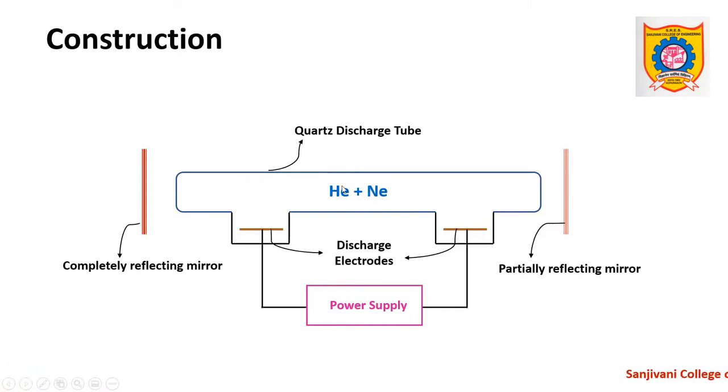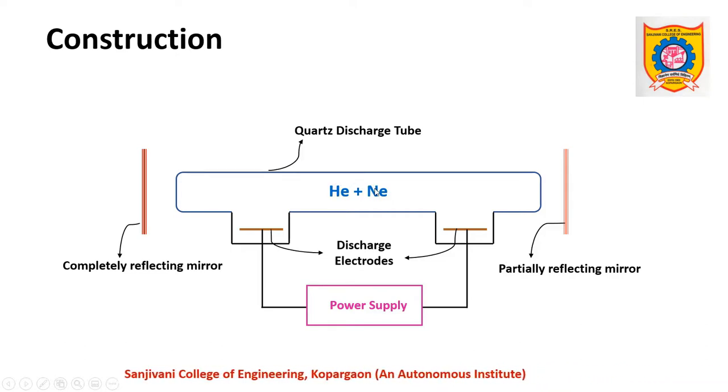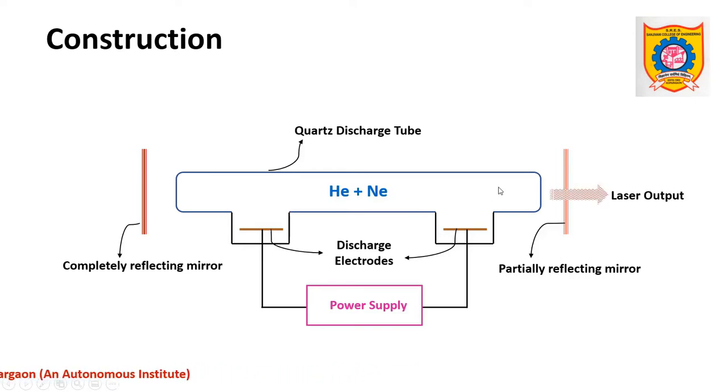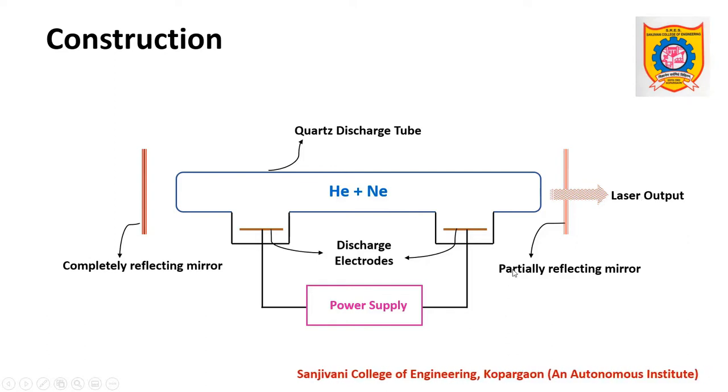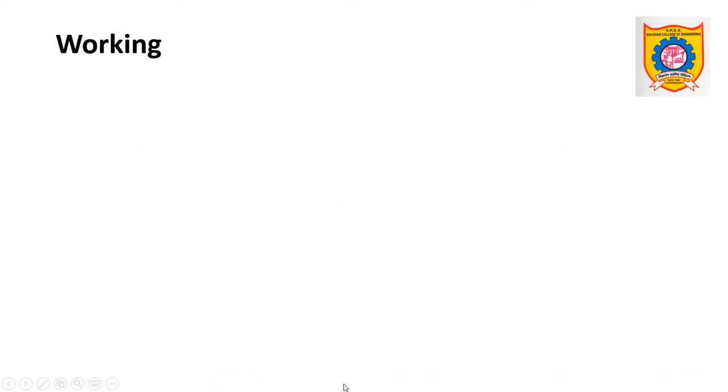So due to these energetic electrons, initially helium is excited, and that excited helium gives its energy to neon, and during de-excitation of neon, photons are emitted, and these photons, when they undergo back and forth reflections between this pair of mirrors, finally produce the desired laser beam. The working of this laser can be explained with the help of energy level diagram.